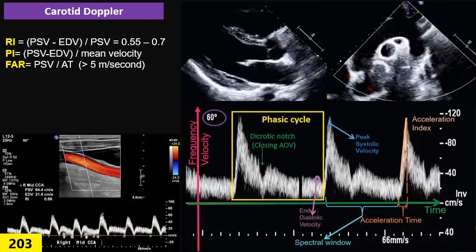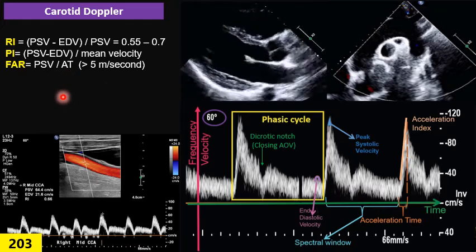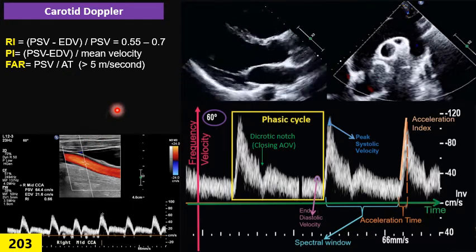The most important component of carotid ultrasound is the Doppler study, your spectral Doppler.